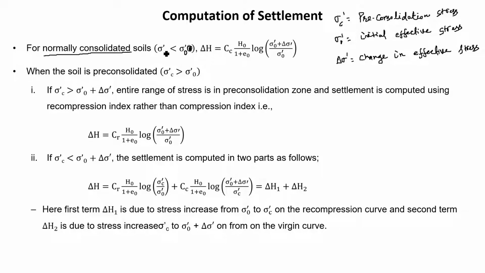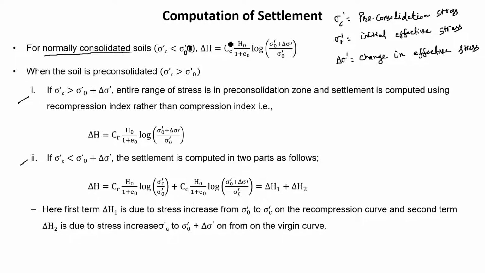But if sigma c dash is greater than sigma naught dash, then the soil is said to be pre-consolidated soil. For pre-consolidated soil there are two conditions. In condition 1 we compare sigma c dash with sigma naught dash plus del sigma dash. If sigma c dash is greater than sigma naught dash plus del sigma, then the entire range of stress is in the pre-consolidation zone and the settlement is computed using the recompression index.